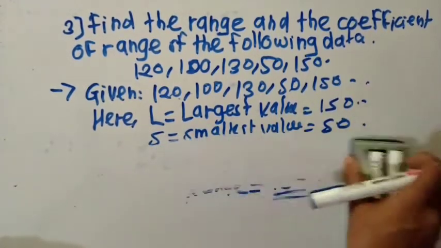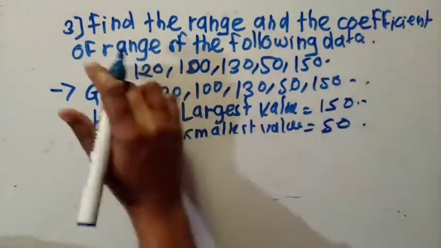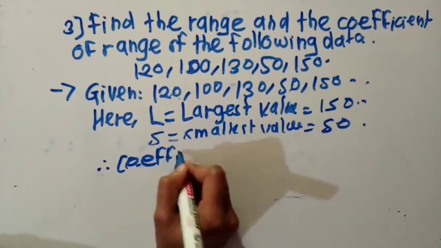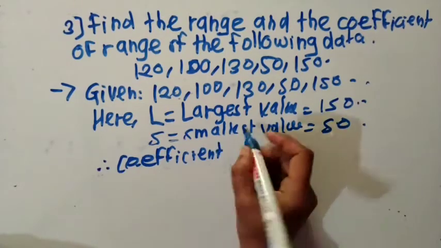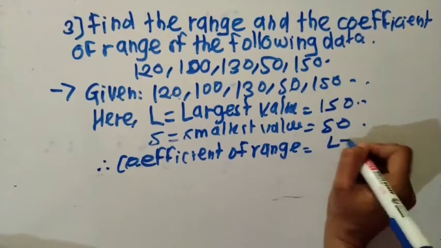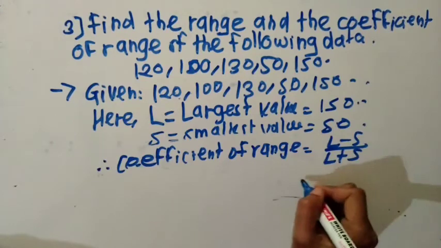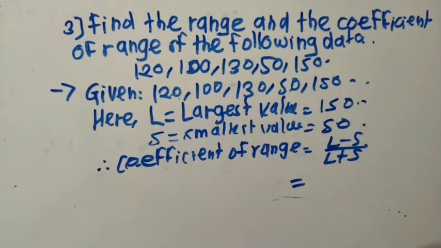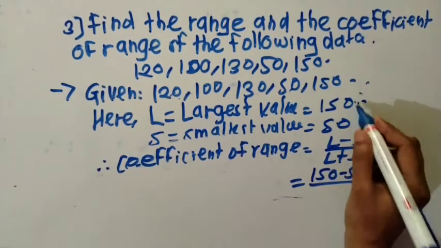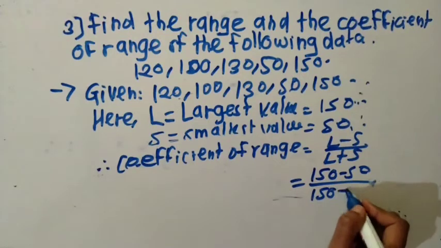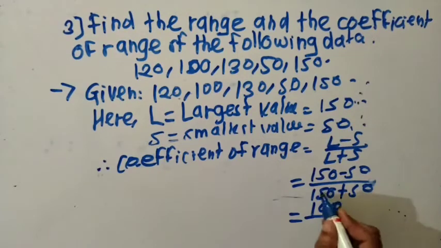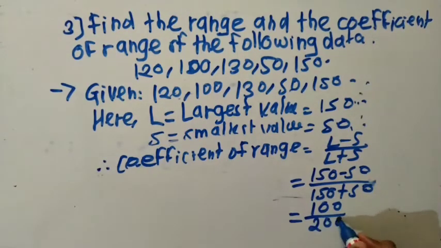Then we find out coefficient of range. Hence coefficient of range is equal to (L minus S) upon (L plus S), which is 150 minus 50 upon 150 plus 50. 150 minus 50 is 100 and 150 plus 50 is equal to 200.